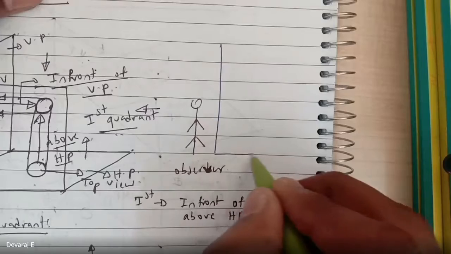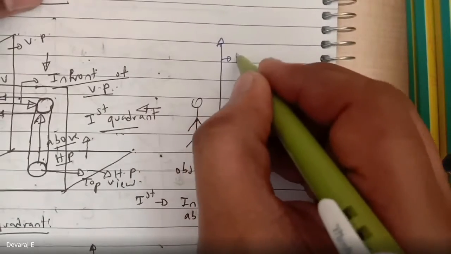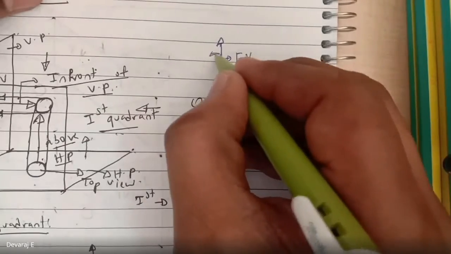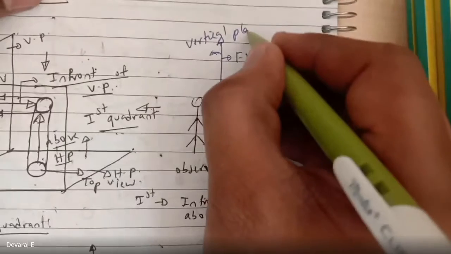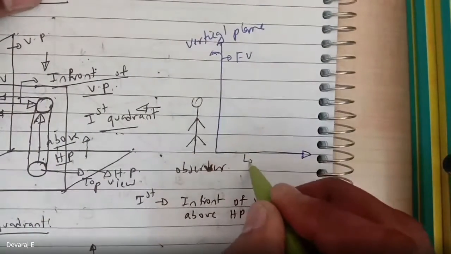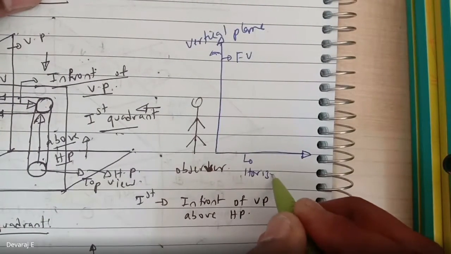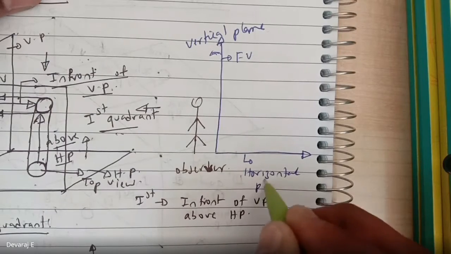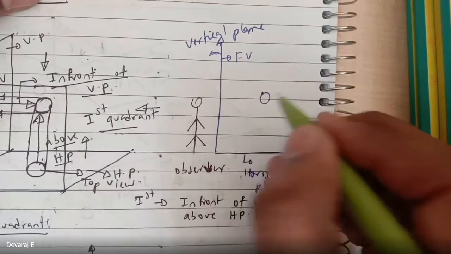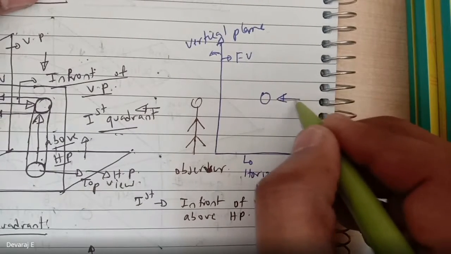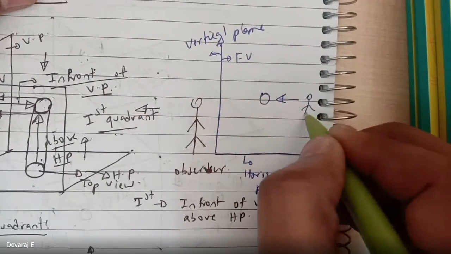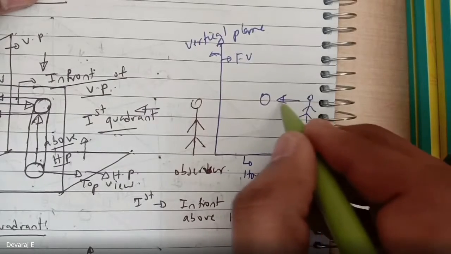So this is 2D, right? This is your front view, or it is called the vertical plane. This is called the horizontal plane. This is the object. The observer is fixed and views with respect to the front.